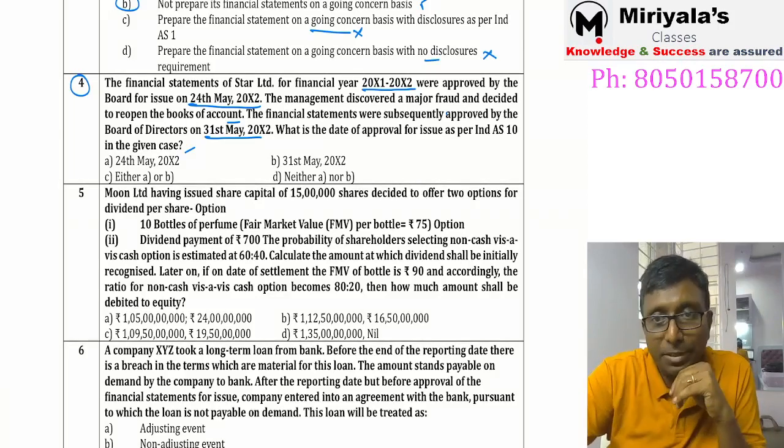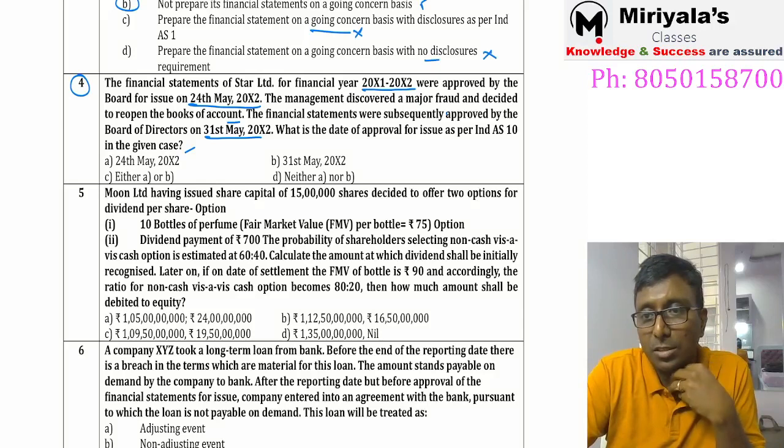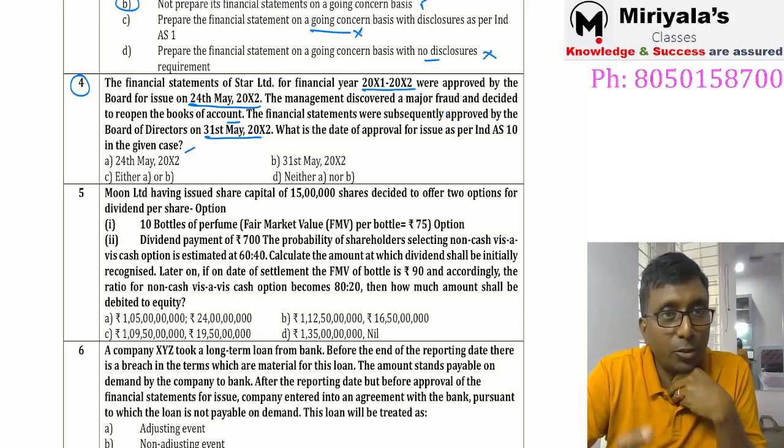Now tell me, for our Ind AS 10 purpose, which date are we going to consider? Is it 24th May, the first one, or 31st May, the second date?